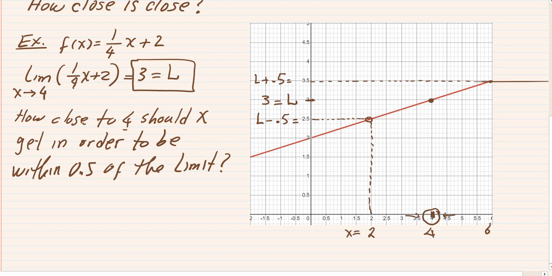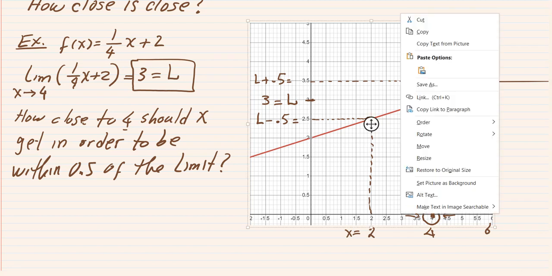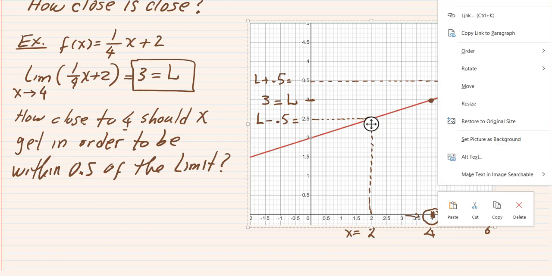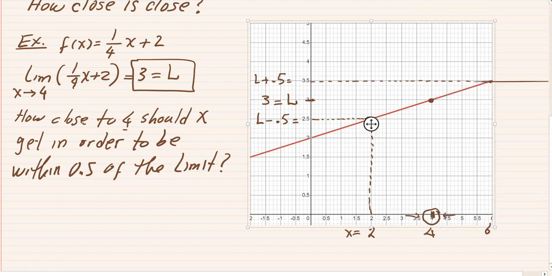And remember, where am I approaching? I'm approaching 4. Okay. Sorry about this. Let me tidy up this number. So this is our A. So x equals 4. This is A. A is the value that x is approaching.